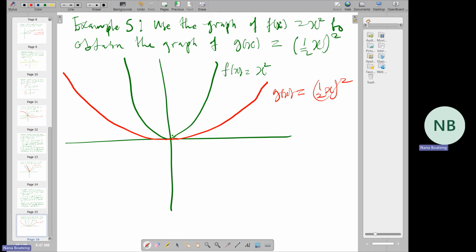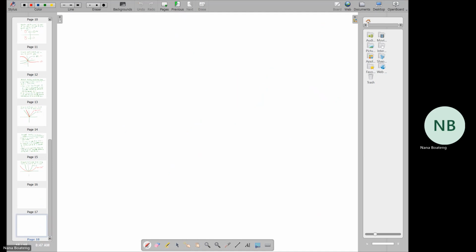It will be a horizontal stretching. All right, so let's look at some other examples. So let's look at example 6. So example 6, that involves multiple transformations.